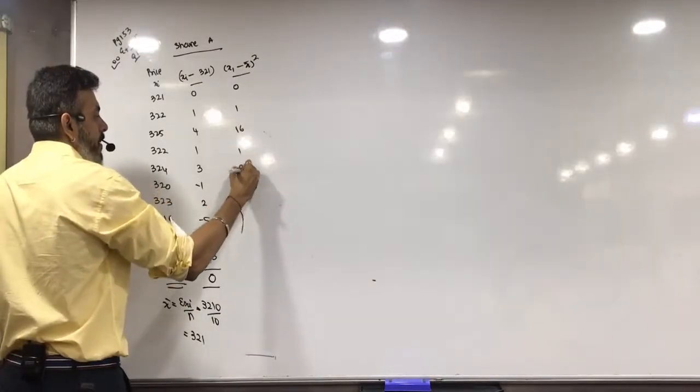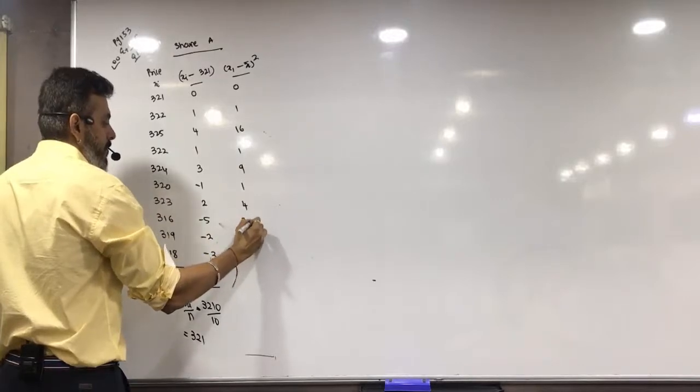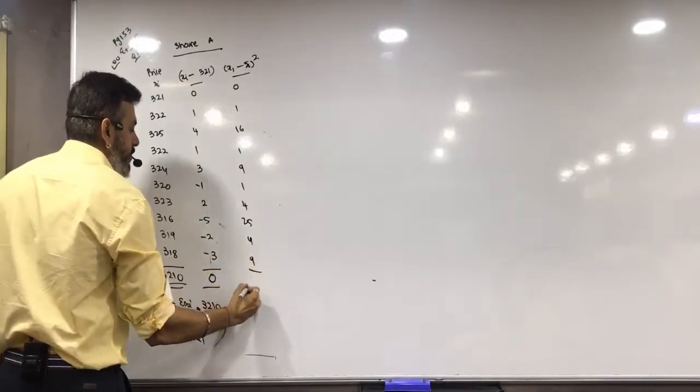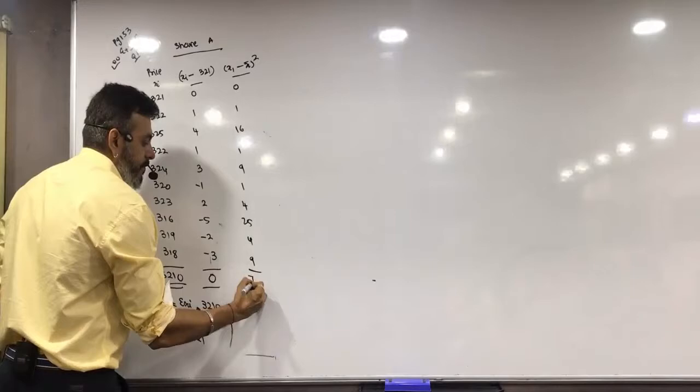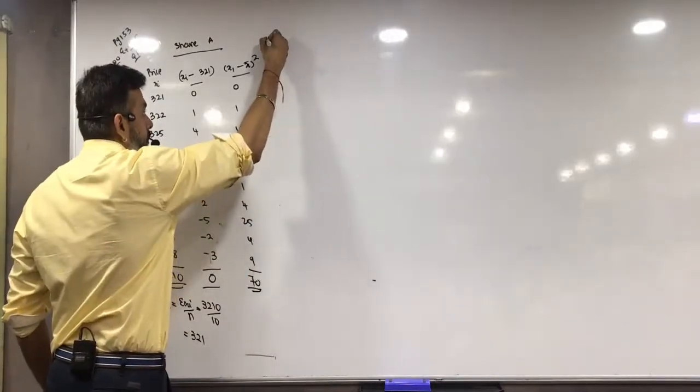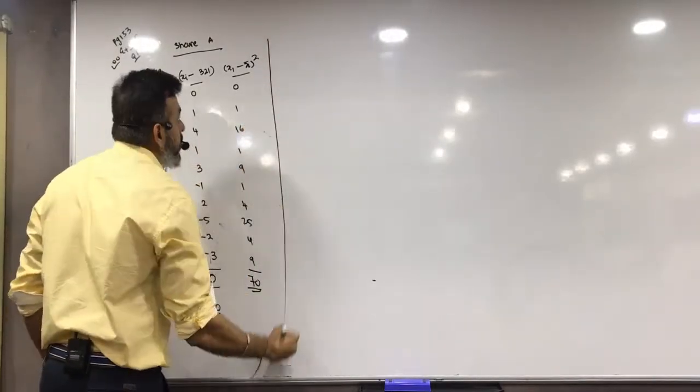Squares: 16, 1, 9, 1, 4, 25, 4, 9, total 70. Okay, now we found for share A.